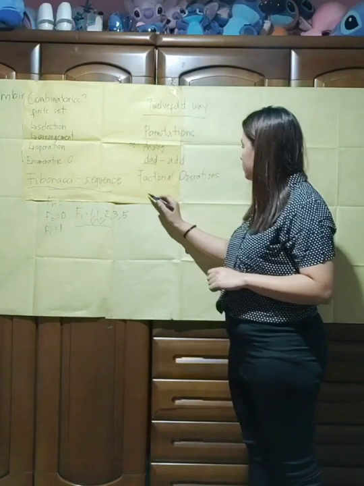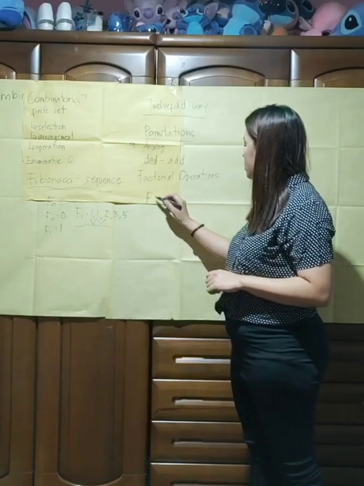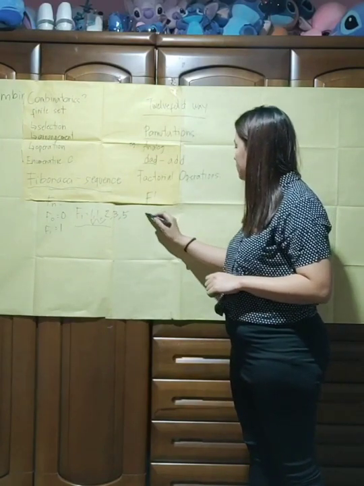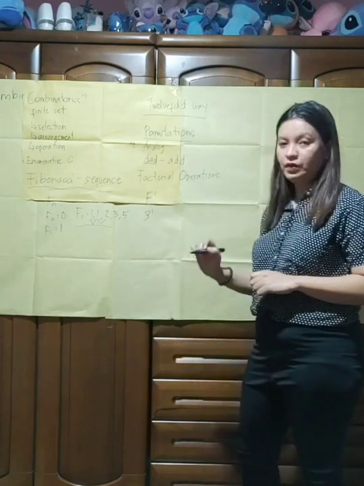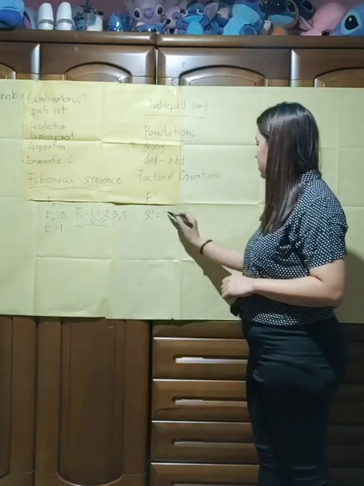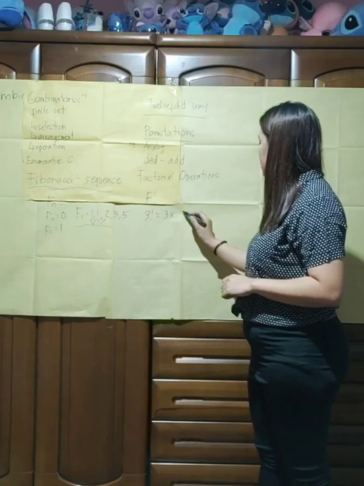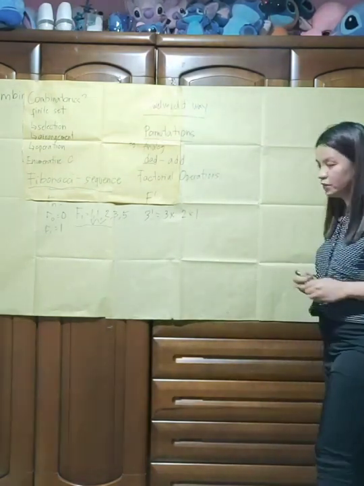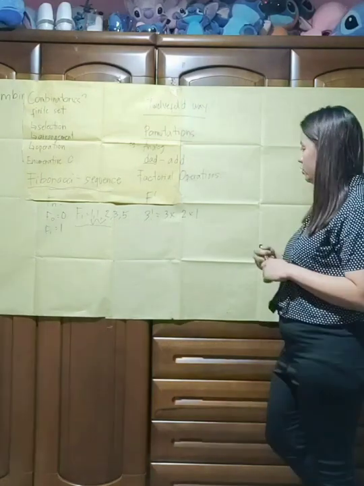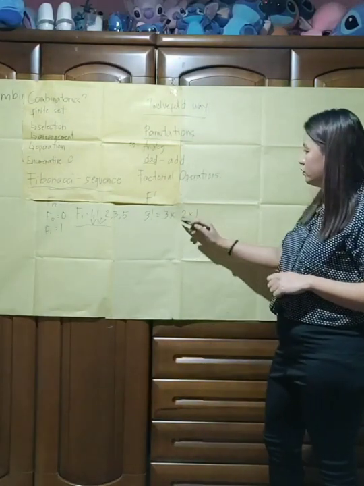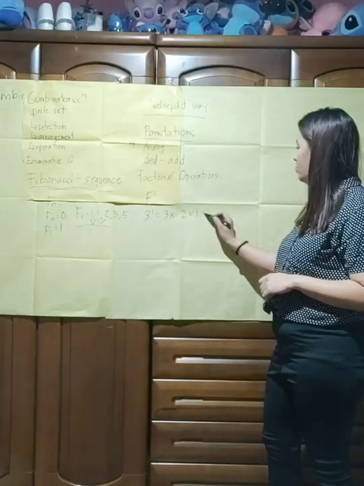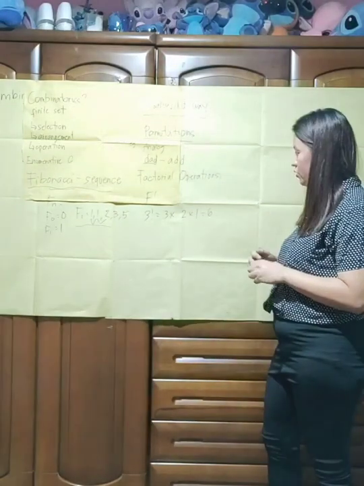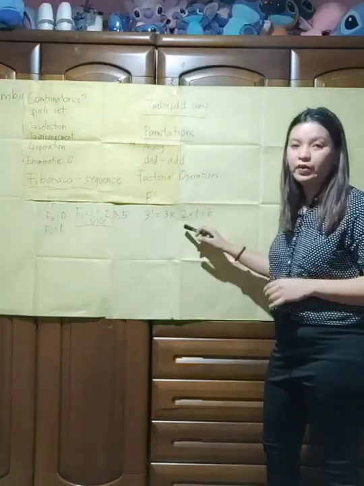For example, the factorial of 3. What we have is 3 times 2 times 1. So that will be 3 times 2, 6, times 1 equals 6. That is what we call the factorial operation.